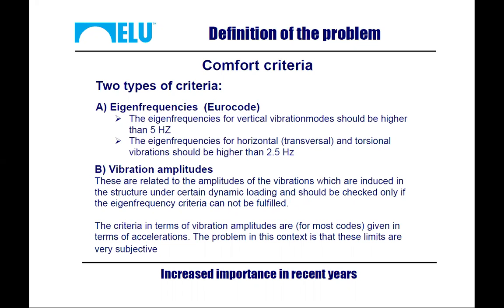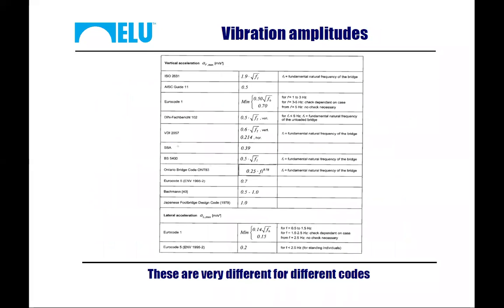This subjectivity is also reflected in the way in which various codes define these threshold values for the maximum accelerations, for instance. If you look, and the reason I'm showing you this table is to see that there are no two codes giving the same threshold values.